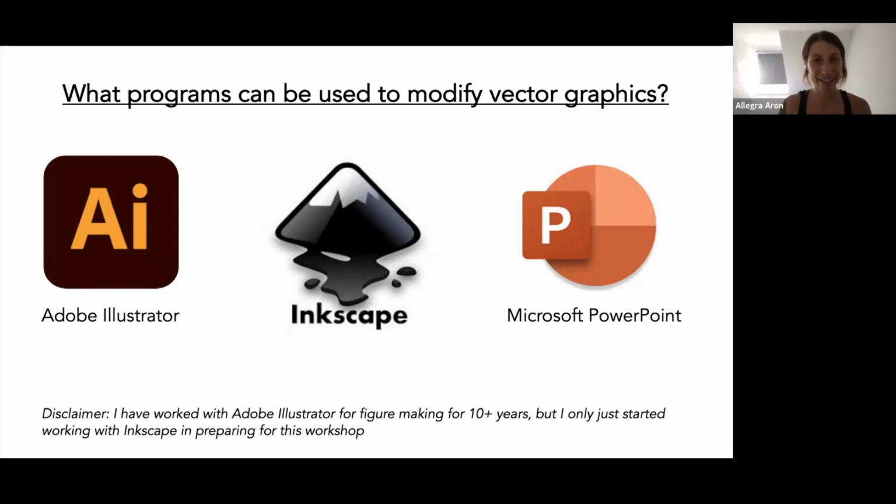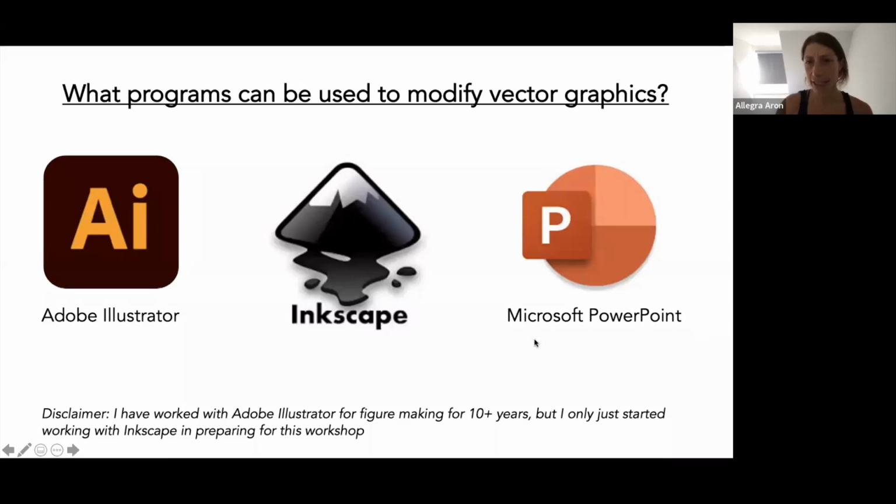I feel it's worth it because I think it's great, but Inkscape is similar and it's the free version. That is very convenient, and I presume a number of you in this room will be using Inkscape because not everywhere has licenses to Adobe Illustrator.